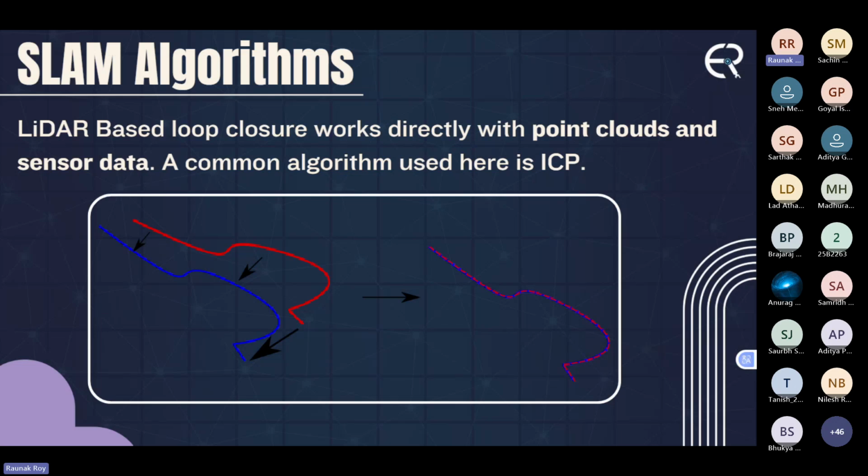LiDAR-based loop closure relies on geometric scan matching. It takes the current point clouds and attempts to align them to historical scans. A common algorithm for this is ICP, which stands for Iterative Closest Point. It mathematically minimizes the distance between point pairs across two scans until the geometry aligns perfectly.